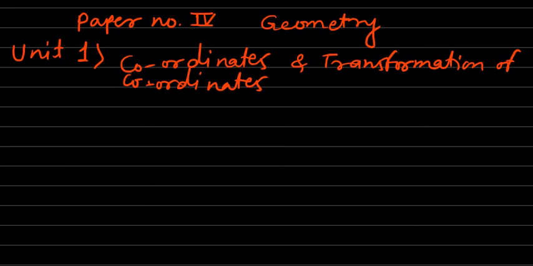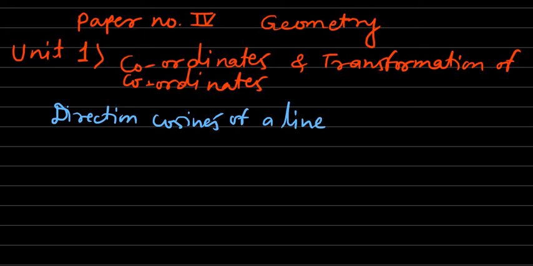We are going to study direction cosines of a line, what is meant by a direction cosine and so on, and we are going to find an important relation on the direction cosines also.